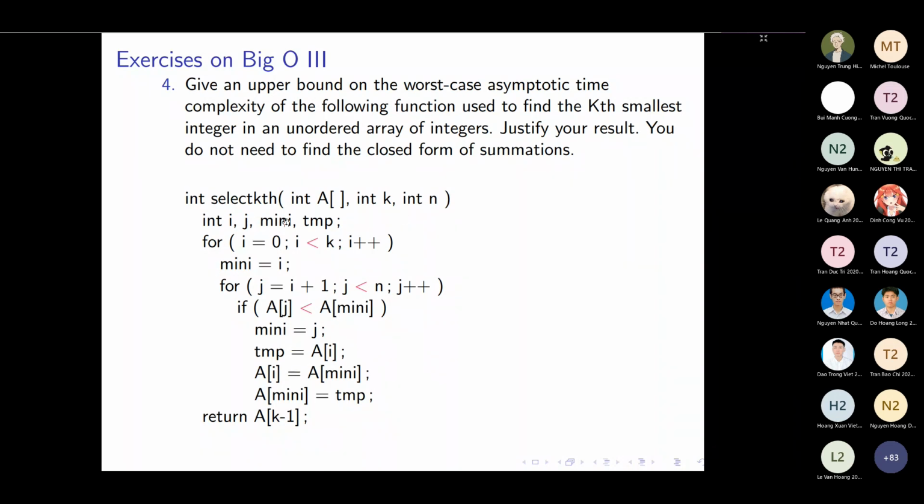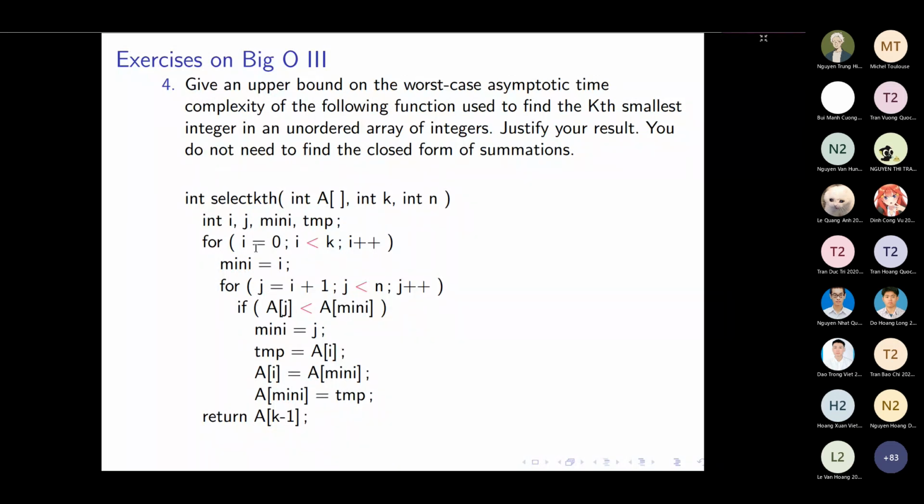I will explain that here. For this problem, the outer loop will always loop k times, and the inner loop always goes from i plus 1 to n, because there's no condition that will break the loop early.